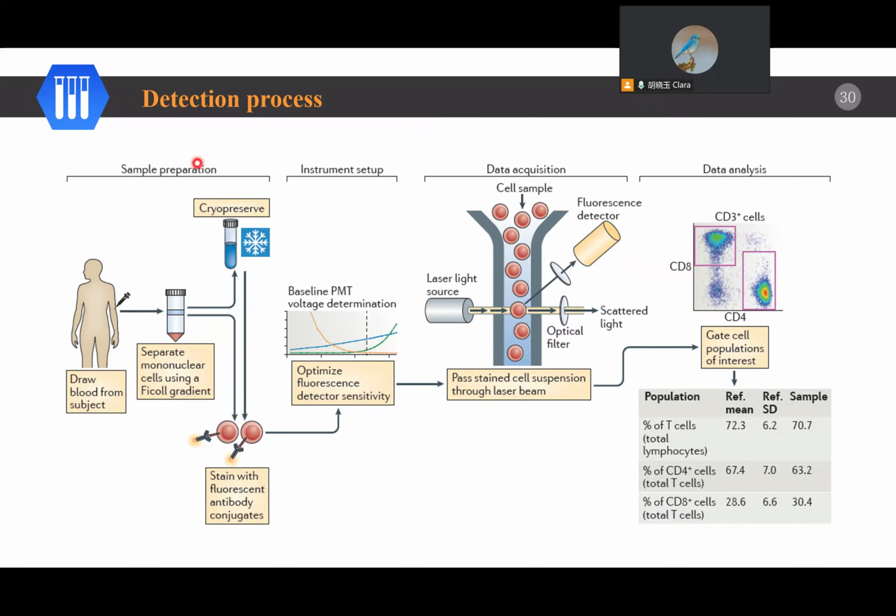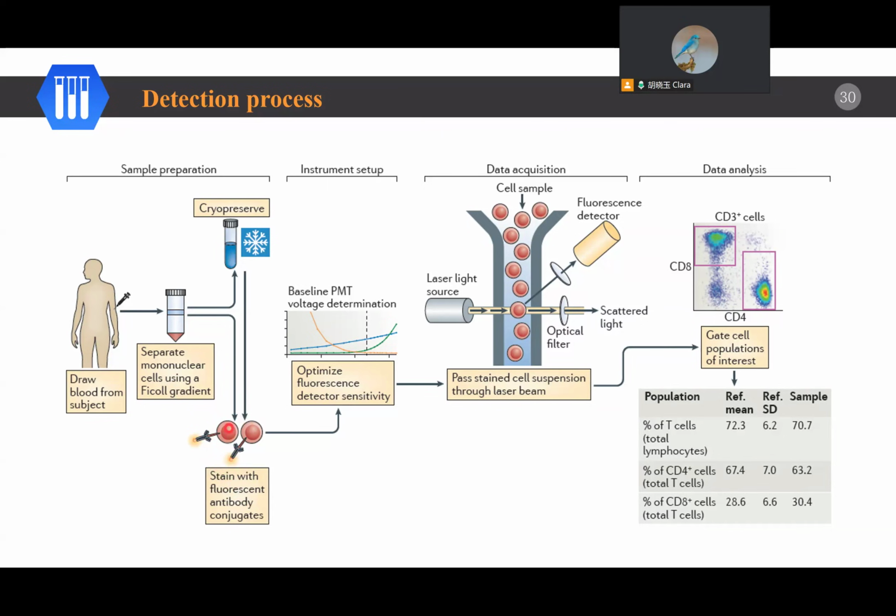The first thing is you have to get the sample. Some samples are blood, or from our bone marrow, or from our lung, kidney, and so on. After we receive the sample, we should stain the cells with reagents.